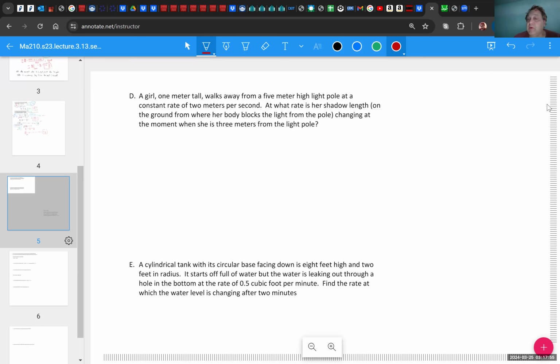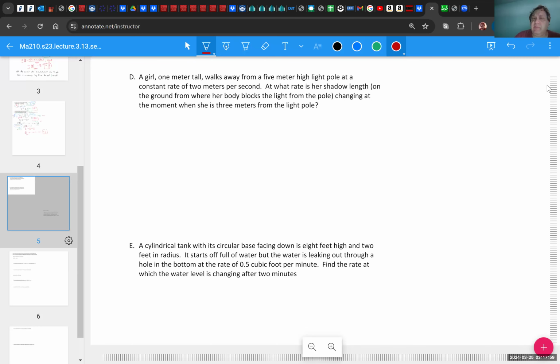These kinds of word problems, I remember when I first did them, they were very challenging to make a picture out of because you've got lots of things. You've got the girl, you've got the light, you've got the pole, lots of things going on. It might be really good just to give it a try.